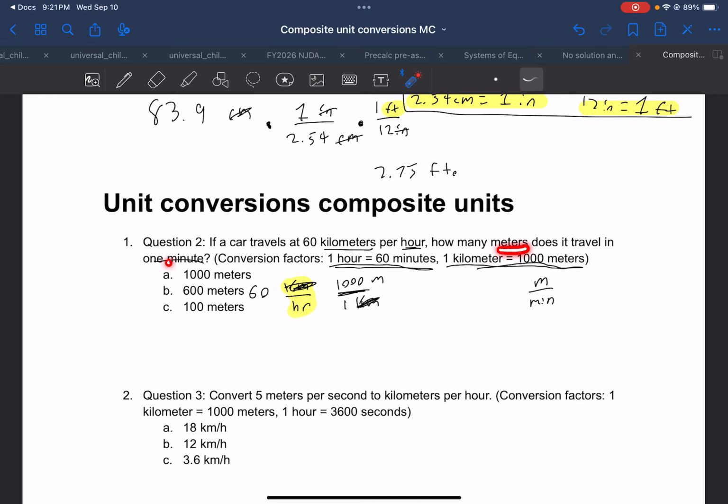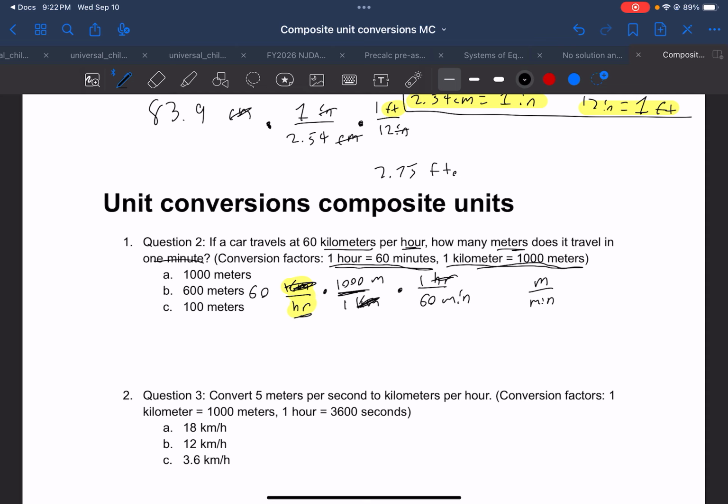So were I to stop right here, my new unit would be meters per hour, which is great, but I want meters per minute. So next I have to turn the hours into minutes using this conversion factor right over here. In order to get the hours to cancel, I need to put the hours on top so that the hours which are on the bottom get canceled out. 1 hour is equal to 60 minutes.